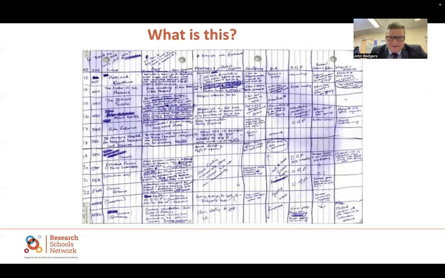Here's a question: does anybody know what that is? Anybody have a guess? Any idea at all? Can't really see it very well. No, it's not clear, is it? It is the overall plan from J.K. Rowling of the Harry Potter novels, apparently.